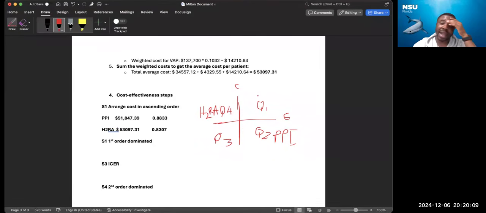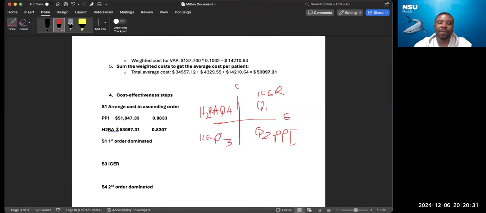I said that the ISA is normally calculated in quadrant 1, and then quadrant 3. Because in quadrant 1, you have to decide whether you pay the extra cost for the extra benefits. In quadrant 3, you also have to decide whether you want to pay the extra cost for the extra benefit.